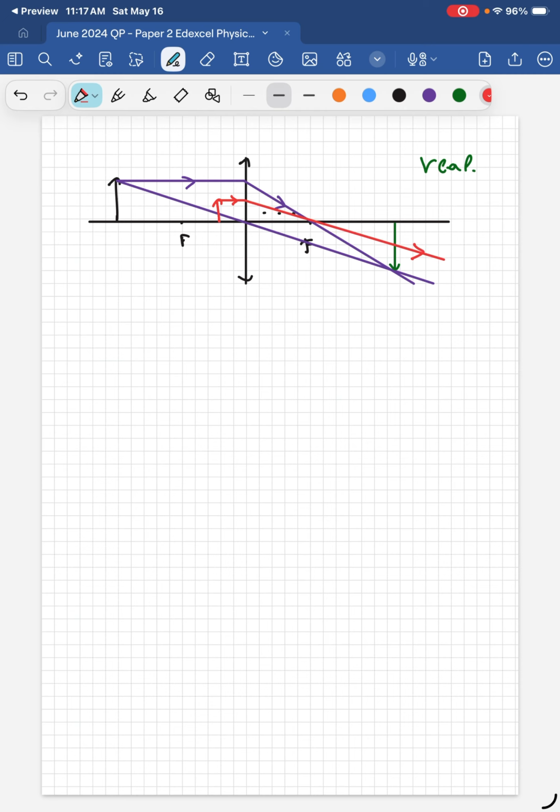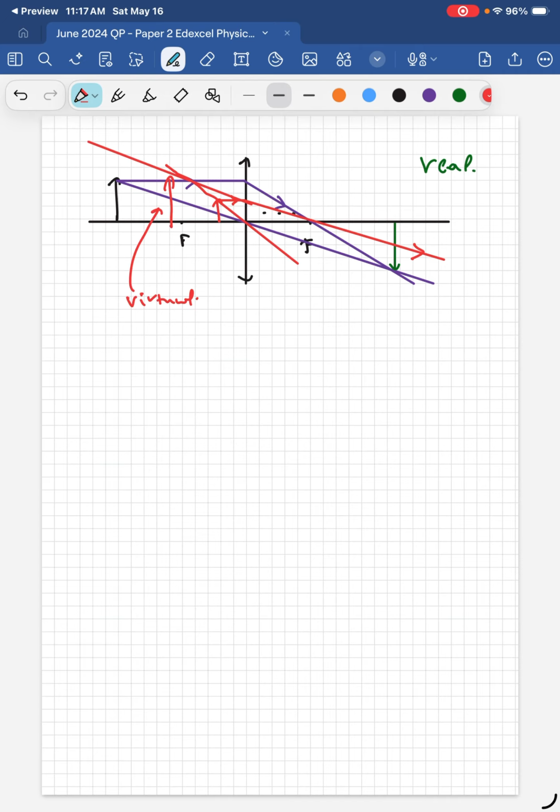Then we have to project it backwards, so it needs to be a straight line. And then you also have this light ray that goes through the focal length. That's not perfect, but that's a virtual image.